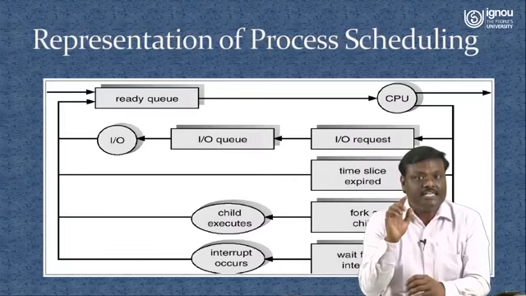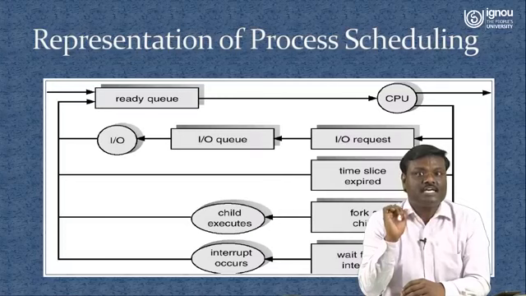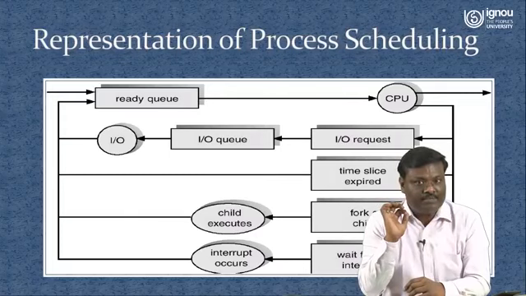You can see there may be an instance of an IO request, or the time slice expired in the round robin fashion, a fork of a child may happen, or a wait for an interrupt may happen.